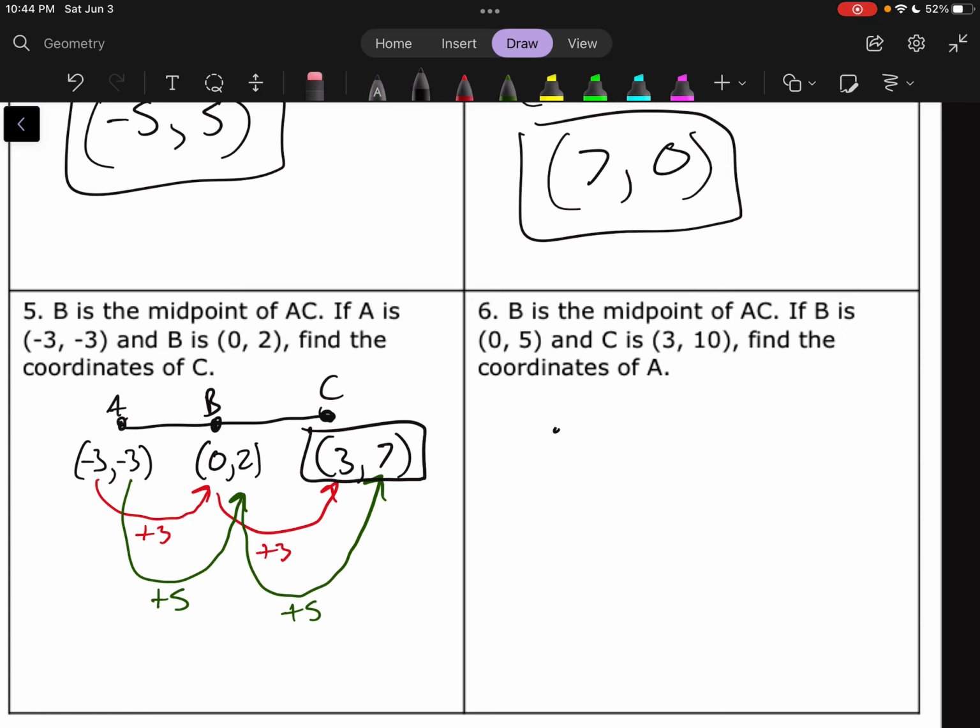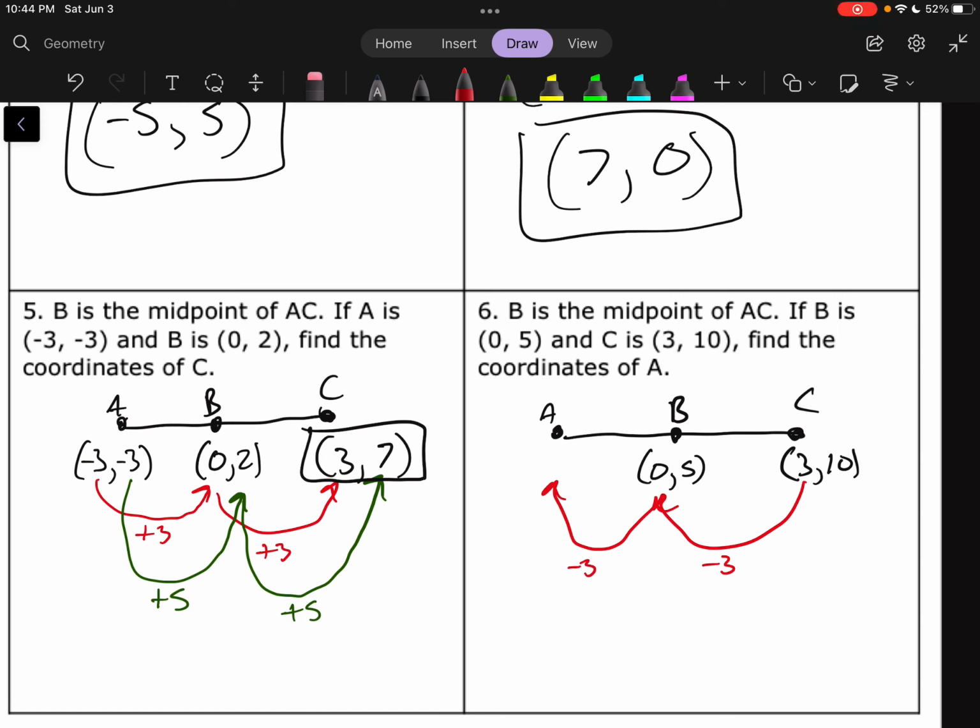We got one more of those. B is the midpoint of AC. It's time to give us C, though. This is kind of interesting. C is (3, 10). B is (0, 5). So to go backwards here, to go from 3 to 0, actually subtract 3.